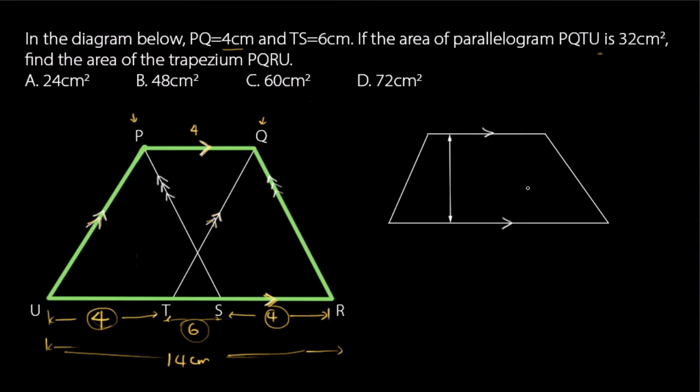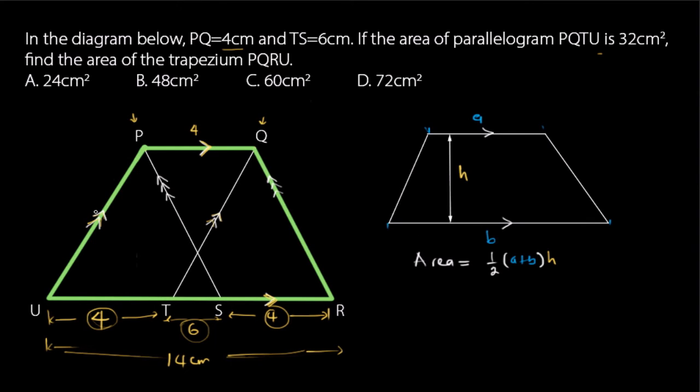You recall there's a general formula: if from here to here is A, and from here to here is B, and assuming the height of this trapezium is H, the area of a trapezium is half times A plus B, the sum of the base and the top, multiplied by the height H. So this is the formula for finding the area of a trapezium.